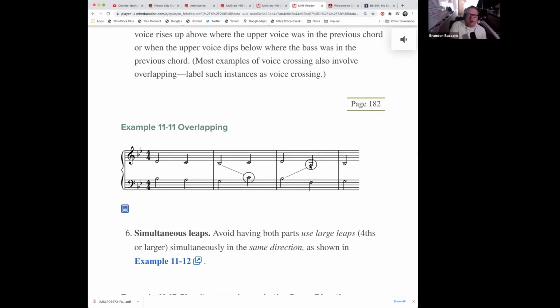No, I guess it could be across the bar line, but it has to be from one chord to the next chord. Does that make sense? I think so, yeah. Yeah, from the previous chord to the next chord. Other questions?